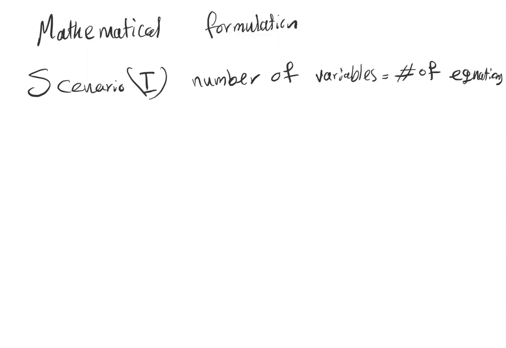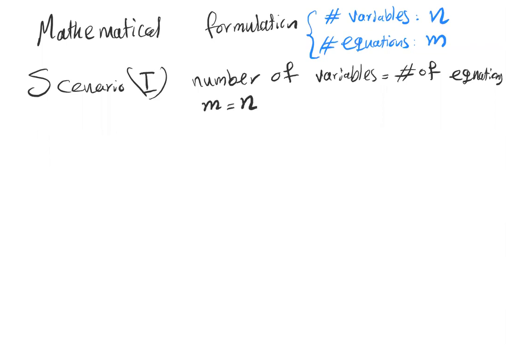What I'm going to do, I'm going to show the number of variables by n and number of equations by m. This is the notation that we are going to use in this lecture. So in the first scenario, m is equal to n.